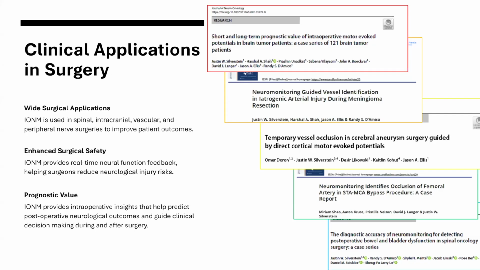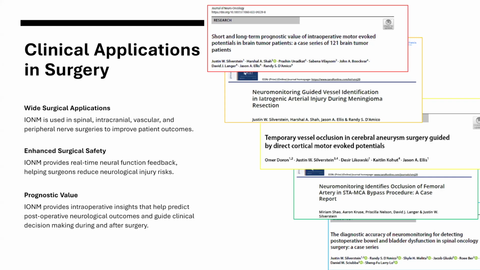But essentially, when everything is done correctly, if the nervous system is intact at the end of the procedure electrically, from what I'm seeing on my computer screen, the patients typically wake up neurologically intact. If there is a change to that data during the procedure and then we can't get it to recover, then those patients typically wake up with some type of deficit.